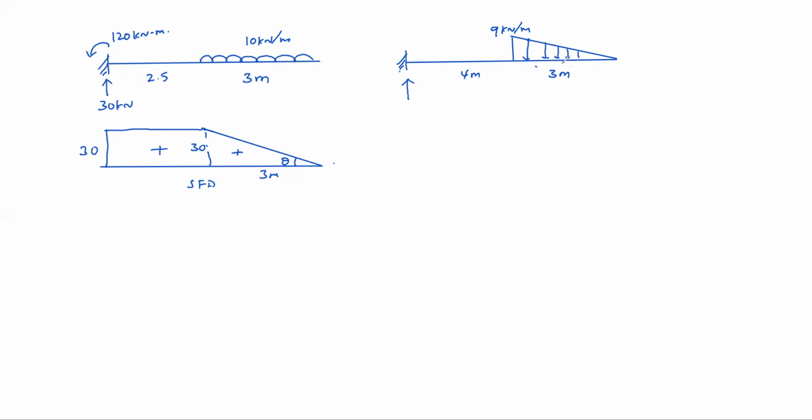Half into 3 into 9 is 13.5 kilonewtons. Moment is how much? 9 into 3 into half, that is 13.5, into 4 plus 1, 5. 13.5 into 5 is 67.5.